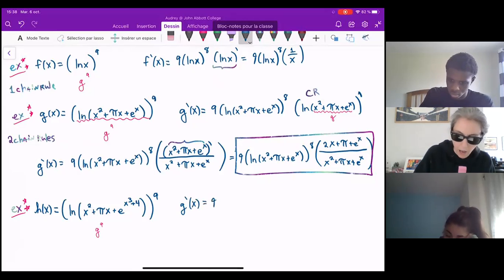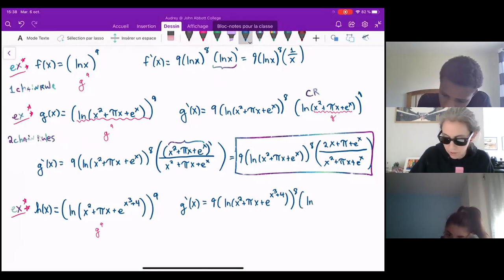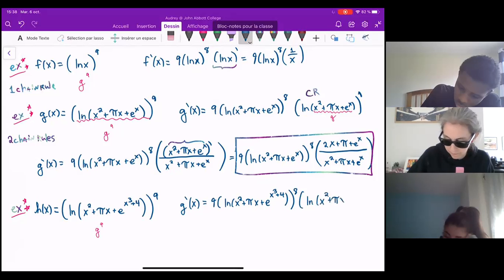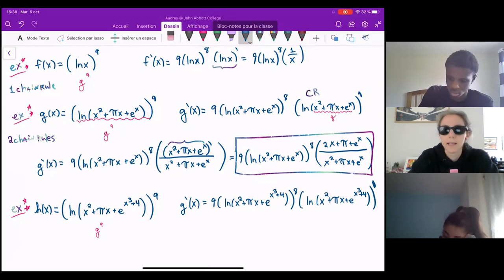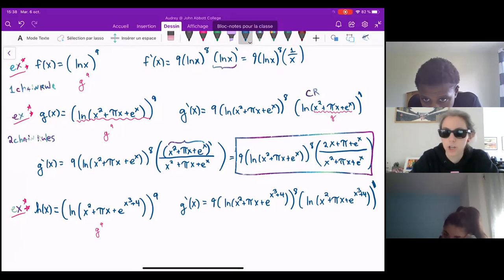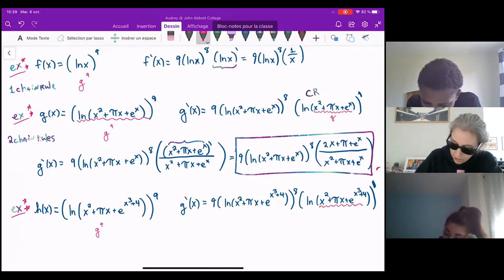G prime of x, I bring my 9 down. I don't touch what's inside. I subtract 1, and then I pull out the inside function. And is that inside function going to require a chain rule? Yep, I have a chain rule there. That's my g. This is a chain rule.